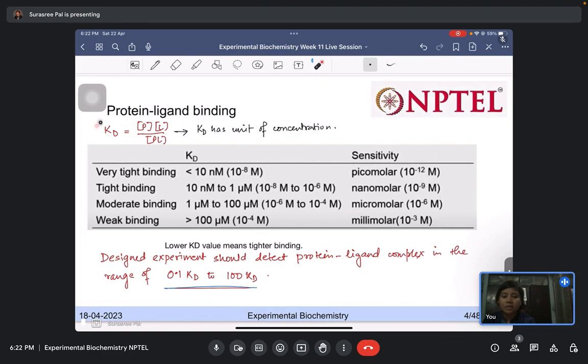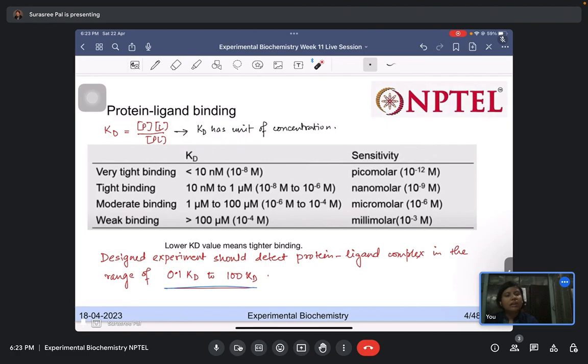Kd is the concentration of protein times the concentration of ligand divided by the protein-ligand complex concentration. So concentration into concentration divided by concentration. Of course, this means that the unit of Kd will be that of concentration. So it can be nanomolar, micromolar, or picomolar.